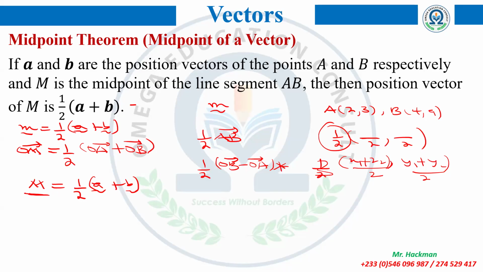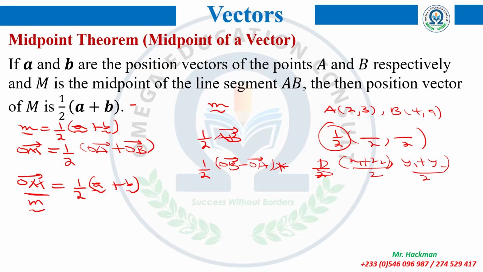Okay, so this M is not a vector. So it means a vector on this side should be equal to a vector here. So this should rather be either OM or M tilde. Very good. So take note of how to use your notation and use them well.